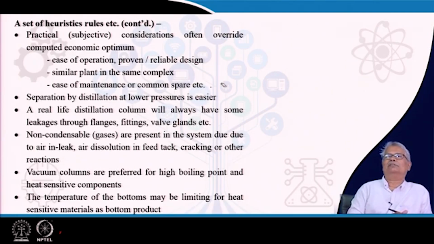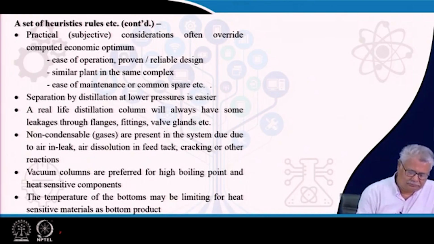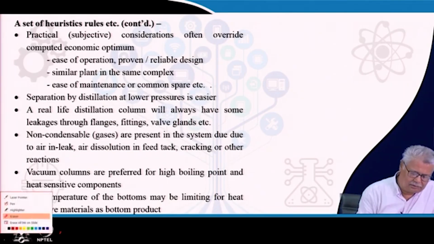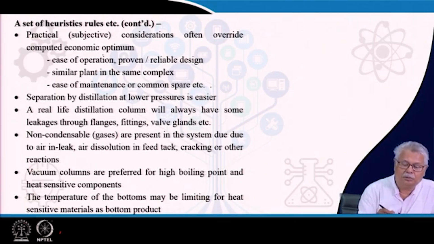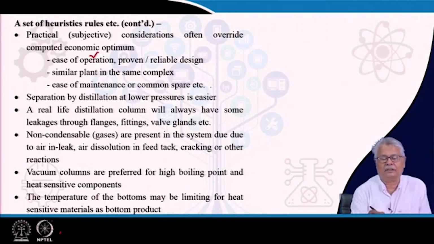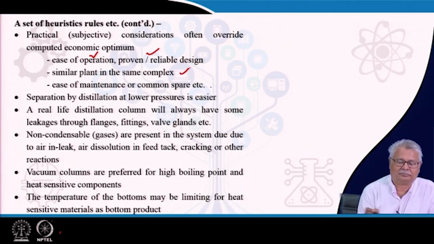That means, even if I have decided on a particular design of a plant, we do not go for it. We may use certain other subjective considerations which could be ease of operation, a proven or a reliable design to be adapted, similar plant in the same complex, ease of maintenance of the common spare, etc.